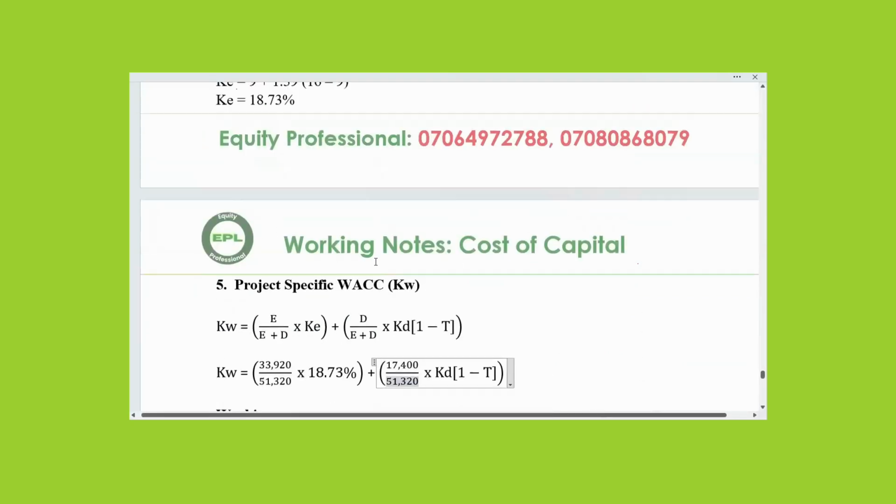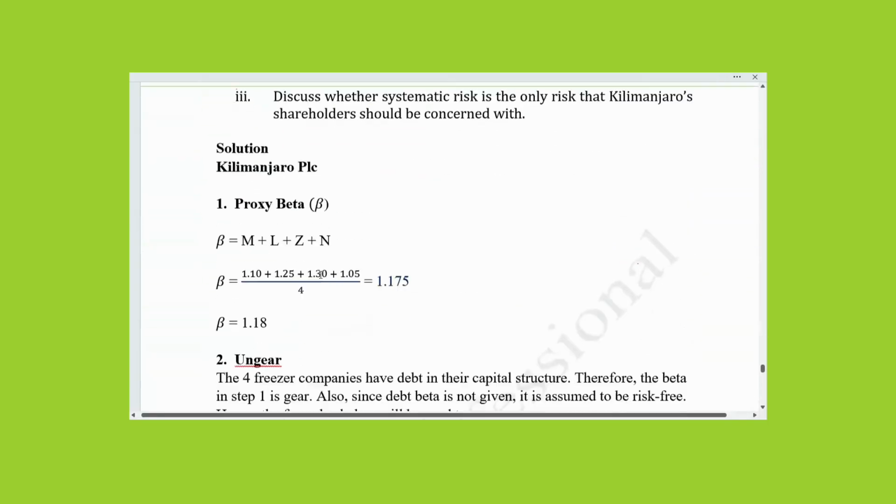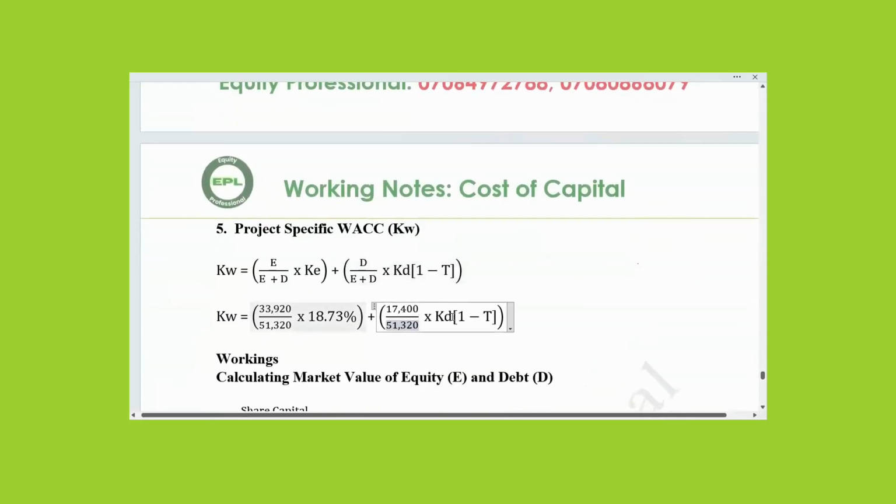What is cost of debt? The examiner has told you in the question that corporate debt is assumed to be almost risk-free and is available at 0.5% over 9%. So that will be 0.5% plus 9%. That's 9.5. So here will be 9.5% multiplied by 1 minus tax. 1 minus tax will give us 0.65. All right, so that's that.